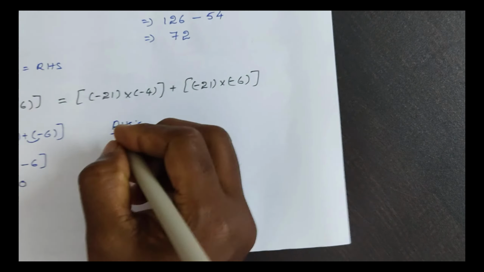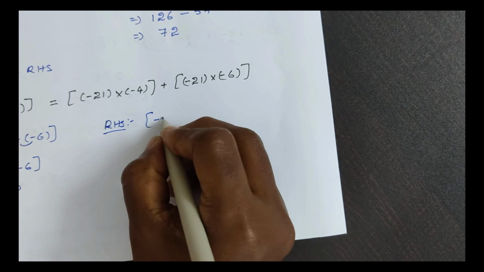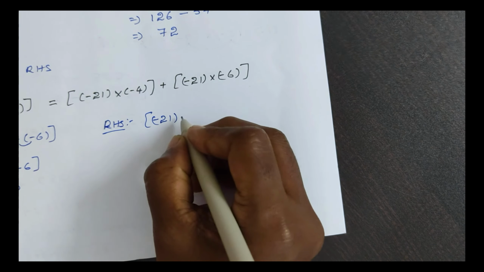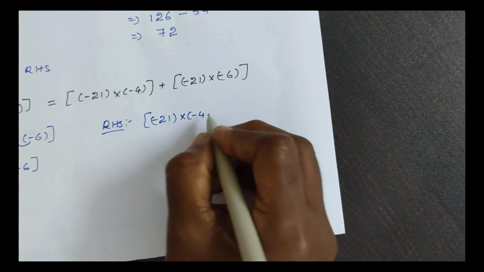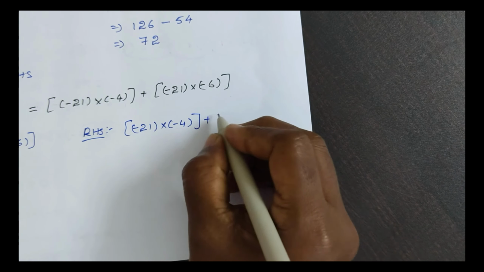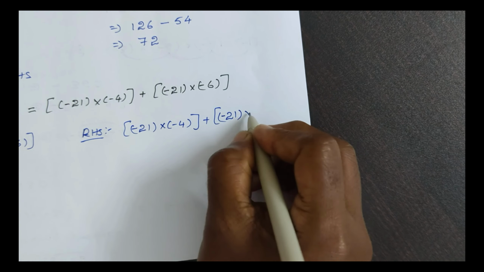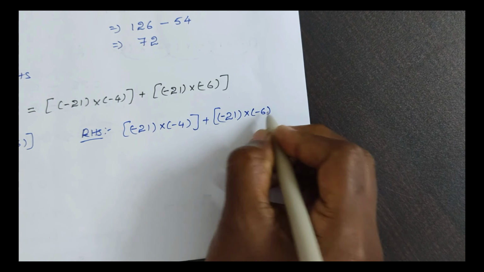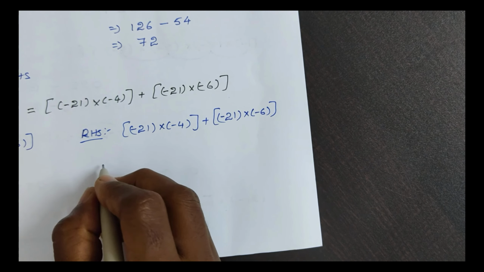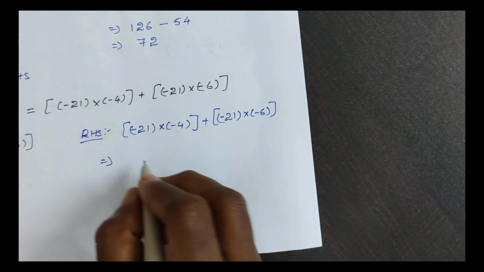So what is our RHS? Minus 21 into minus 4 plus minus 21 into minus 6. So let us take this.